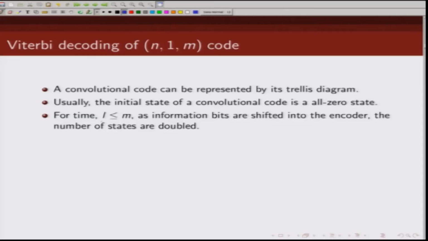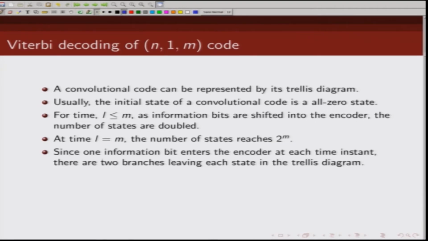As long as L is less than the memory order, at each time instance the number of states gets doubled until we reach time L equal to m, when we reach all possible states, which is 2 raised to the power m, because our convolutional code has a memory of m.